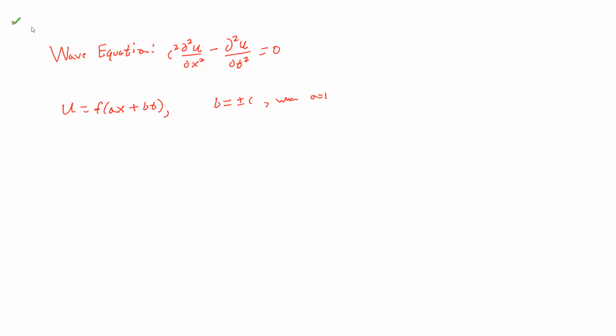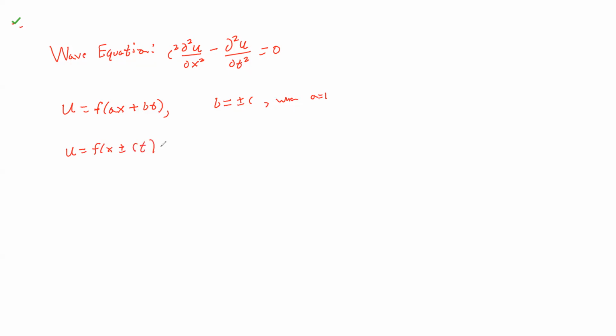Okay. So now we can plug this, the a is 1 and b is equal to plus or minus c, into our solution here. We have that u is equal to f of x plus or minus ct.